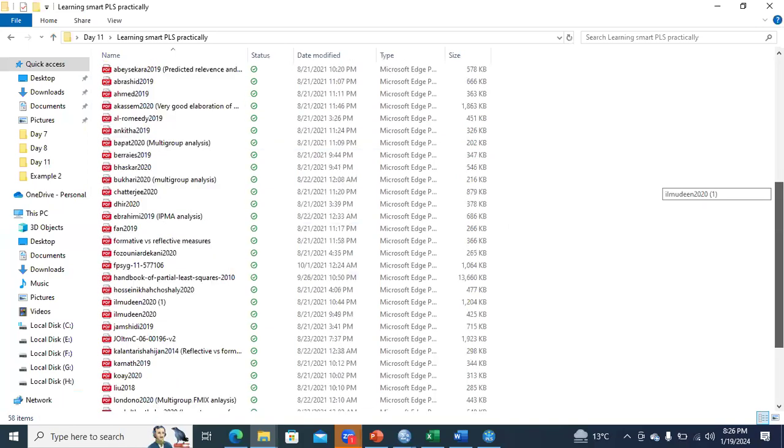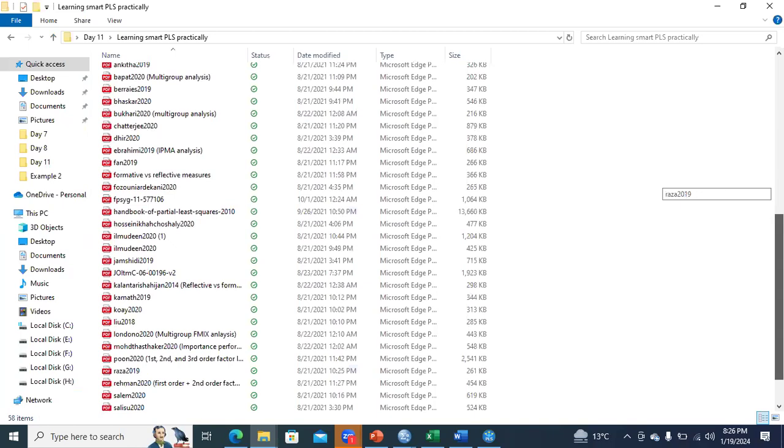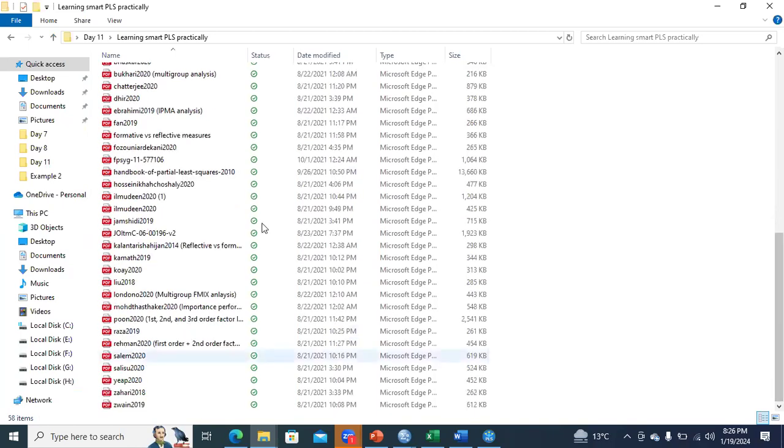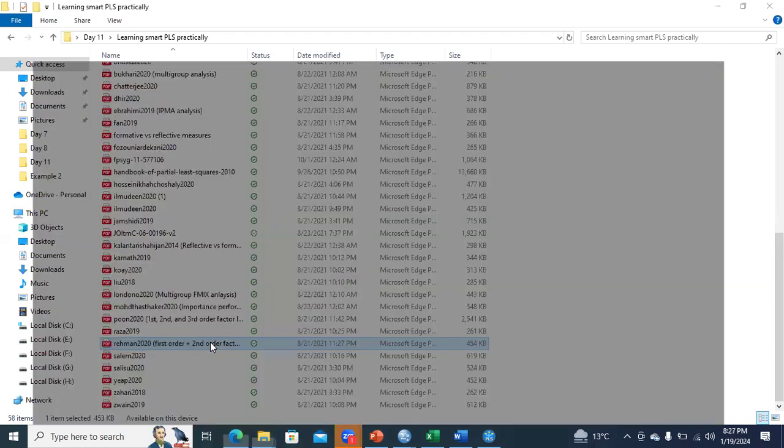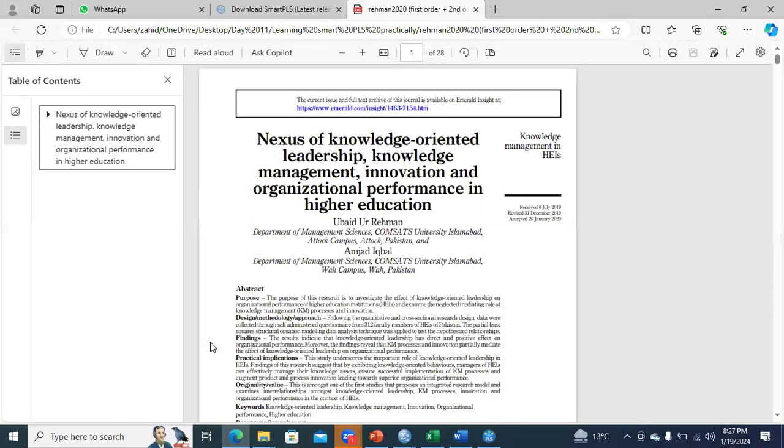For example, I would like to show you some of the papers that require the application of Smart PLS. Let us take this paper. I will show you how your Smart PLS results are generated.